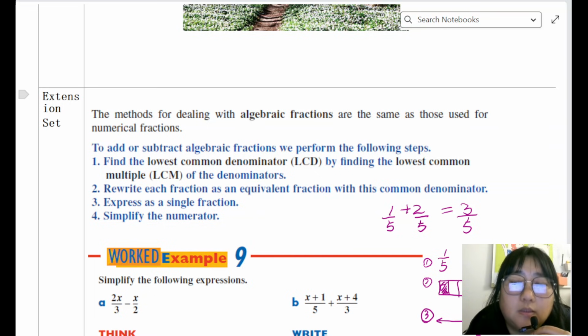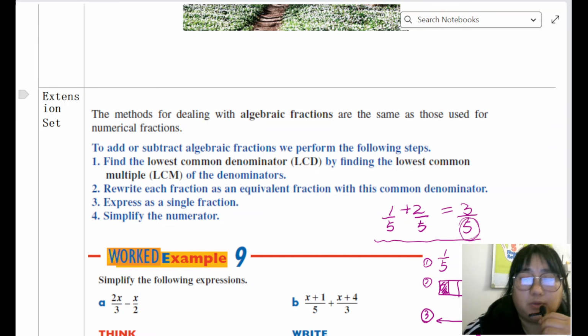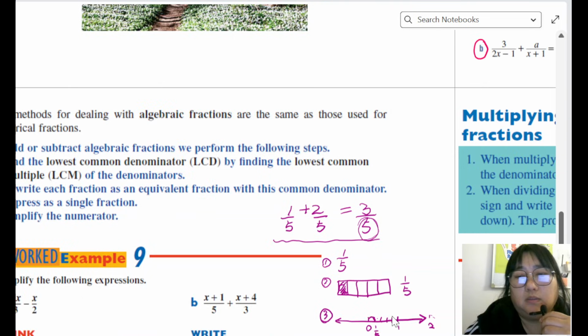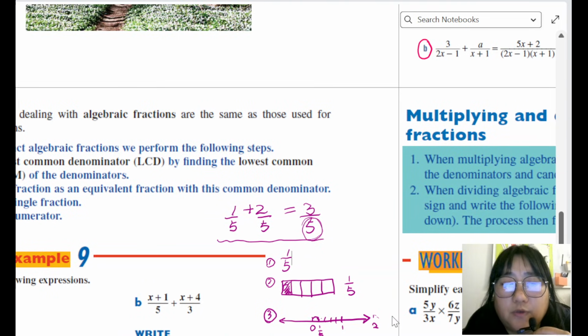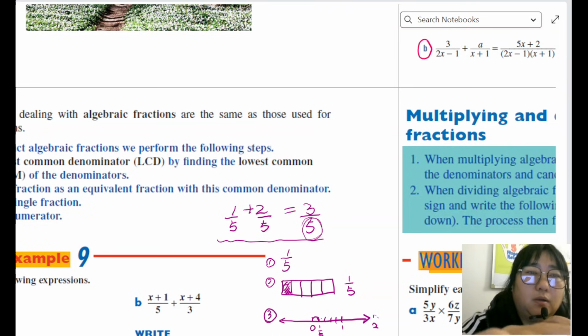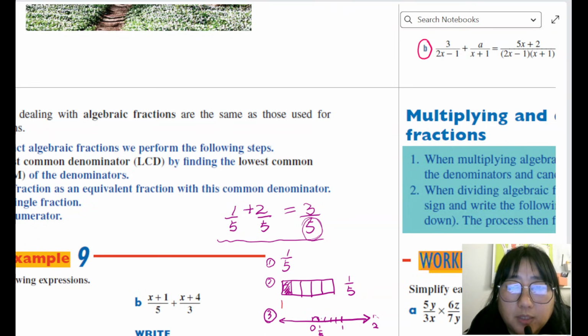Okay. Now, if students feel very confused and are not quite sure whether they should change the denominator in this sum, 5 or 10, I will always use the second way to present. For example, 1 over 5 is 1 whole with 5 even parts, and you pick one.